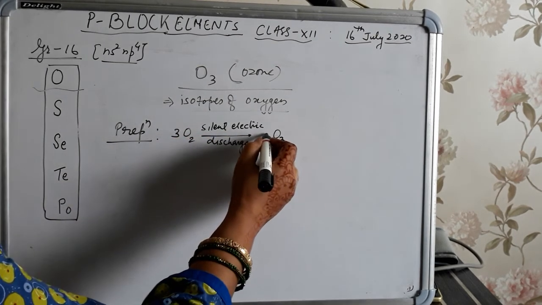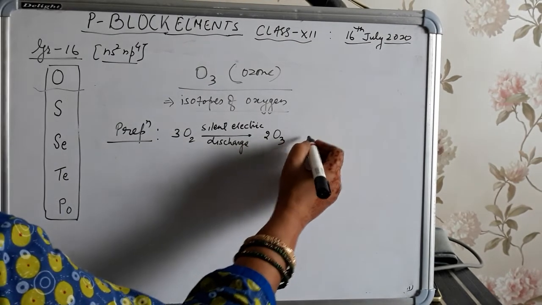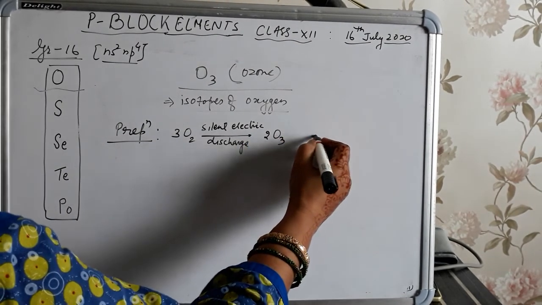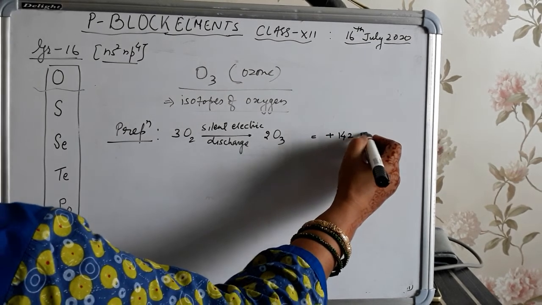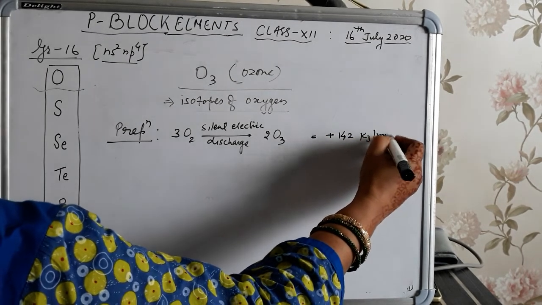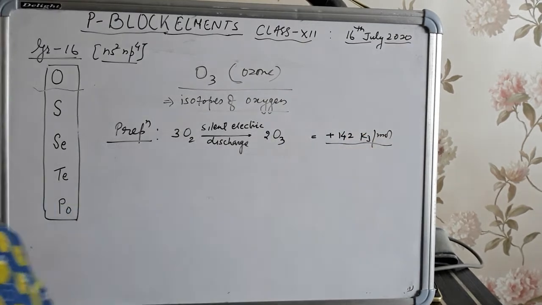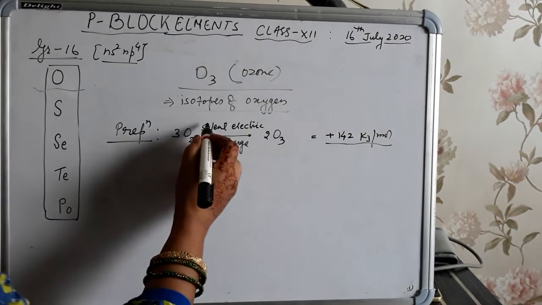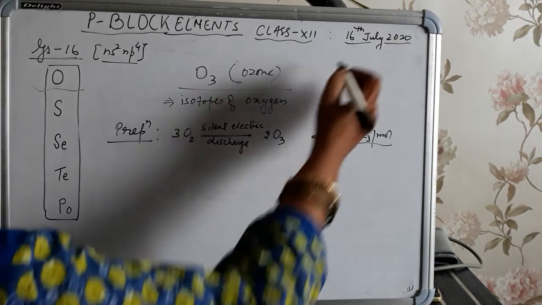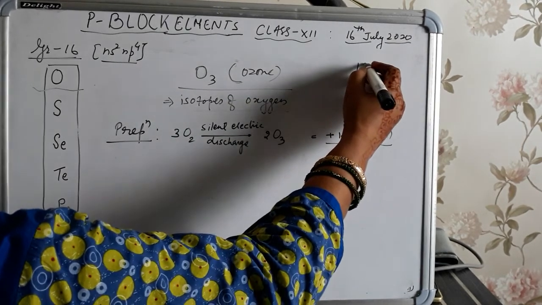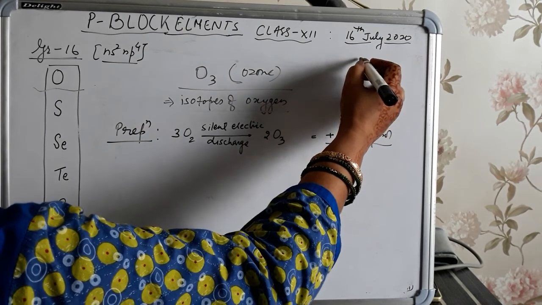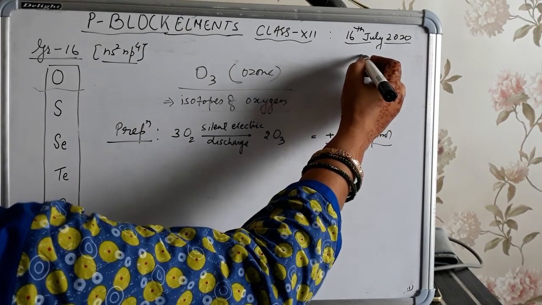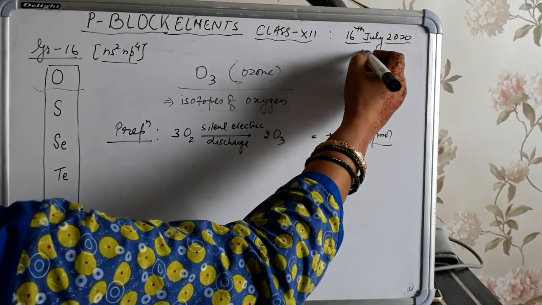The ozone compound forms here, and it is an endothermic process. 142 kilojoules per mole of energy has to be given. Silent electric discharge means, suppose we have two electrodes, and in between them the oxygen is passed.